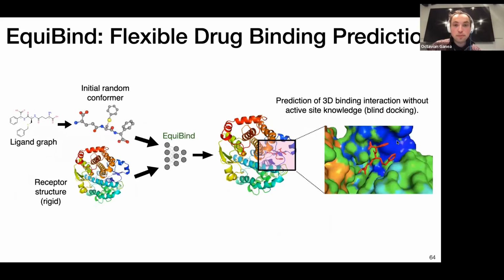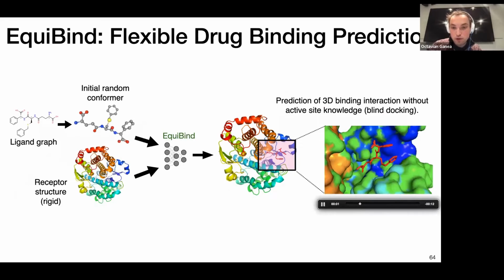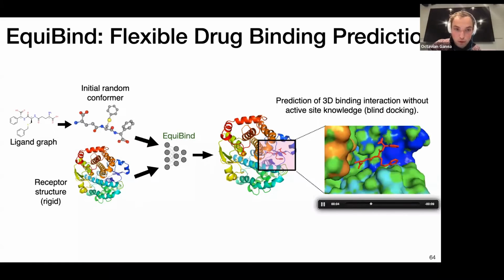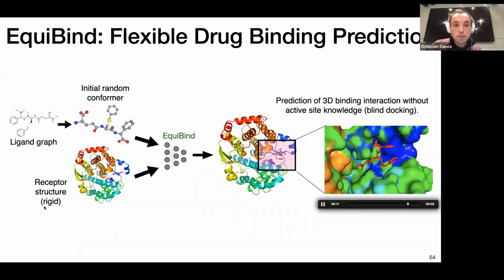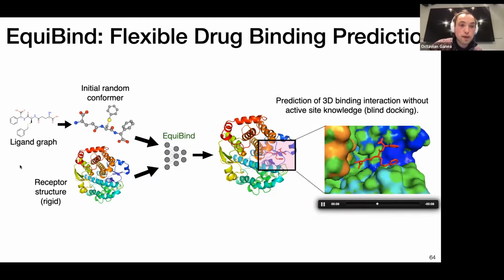Okay, so I have finished explaining how we do the model for protein-protein docking, but I want to argue that this is a very generic model. In fact, we have already applied it for small drug-like ligands binding to proteins, to rigid protein receptor structure. So what happens here is that we start with a ligand graph.